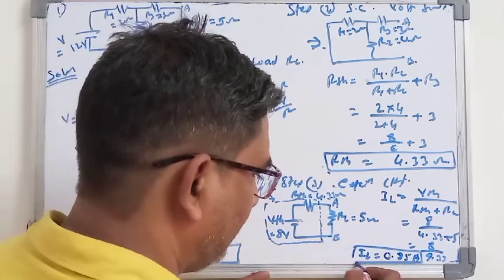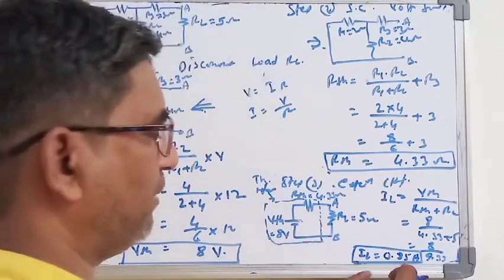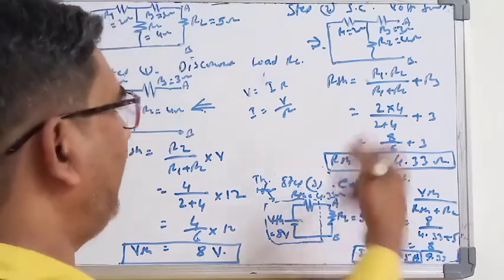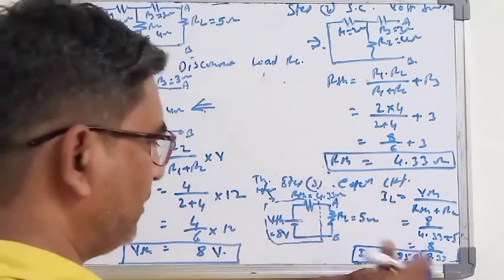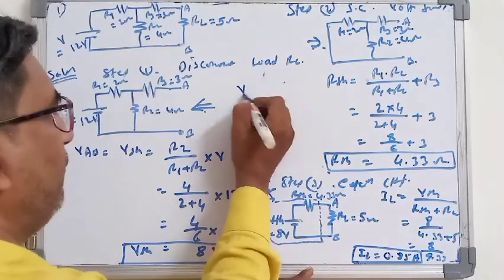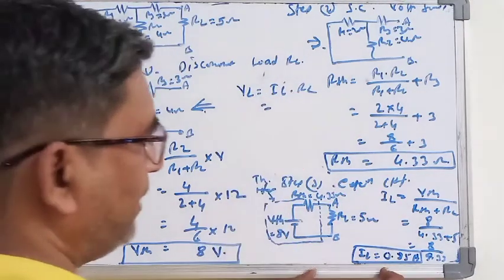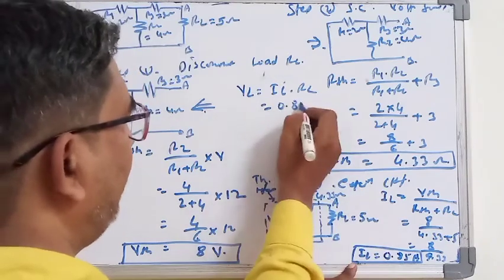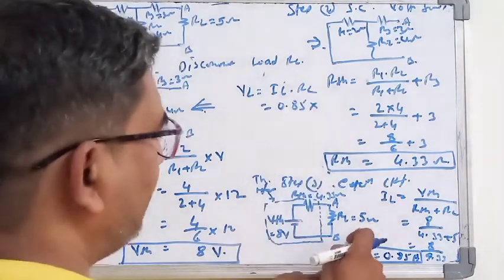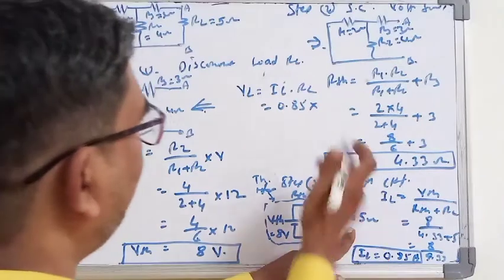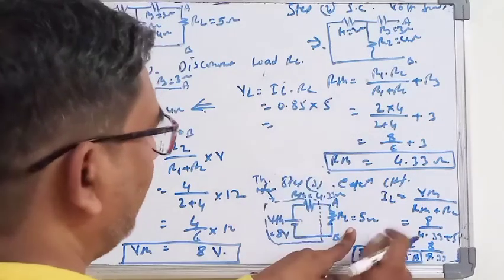Okay, so here we have calculated the value for the IL, and at the end, below this, what you have to do? VL is equal to IL into RL. IL value we have found out, 0.85, multiplied by, what is the value for the RL? You have the 5 ohms.